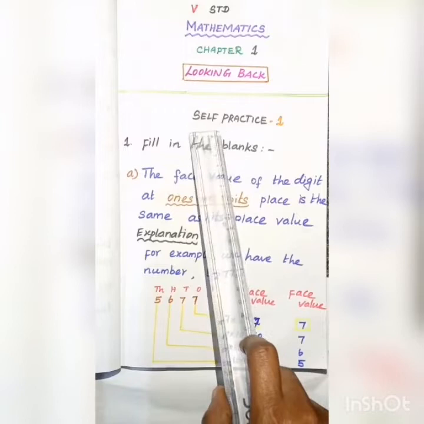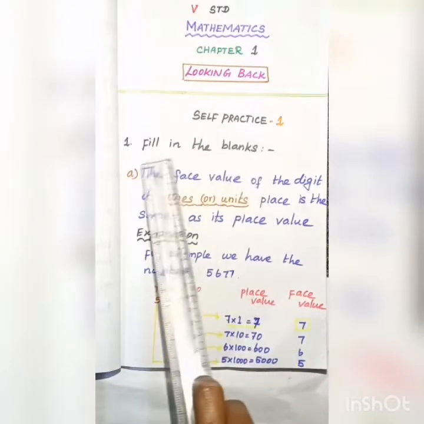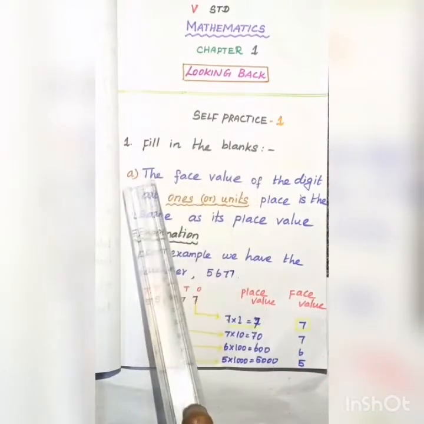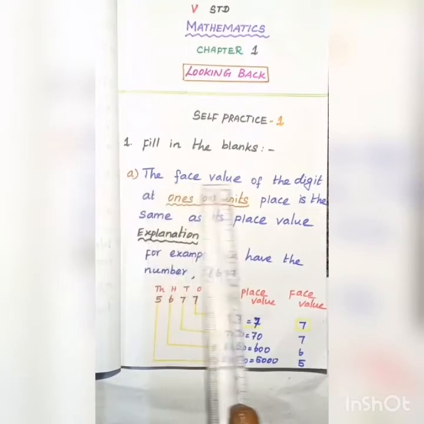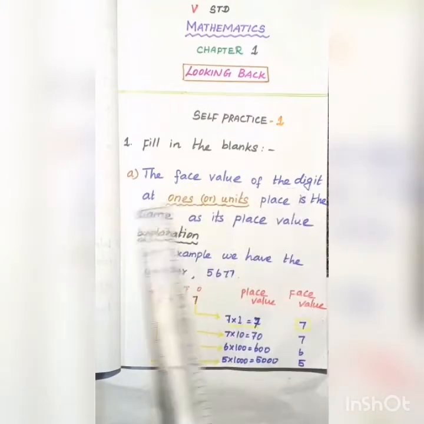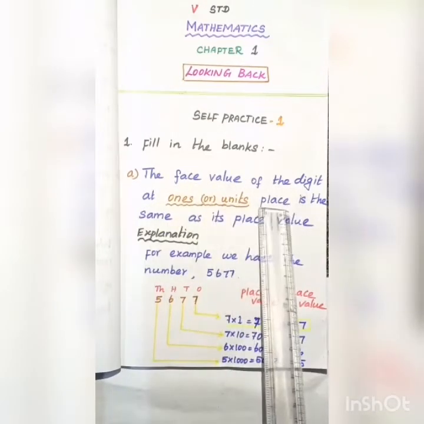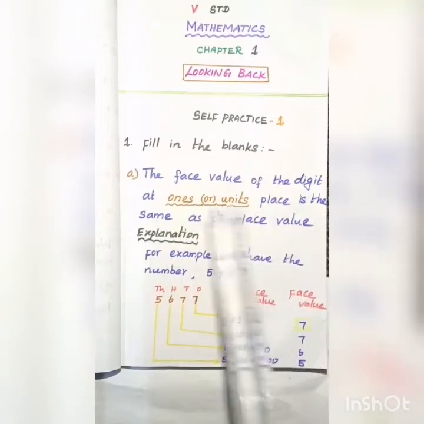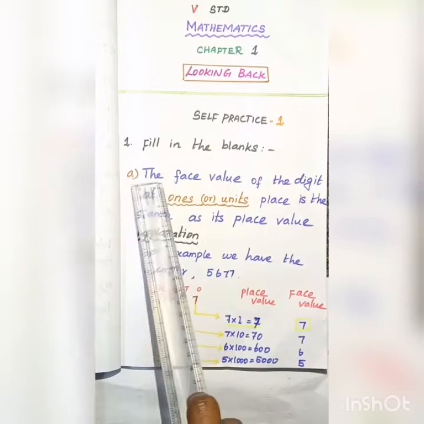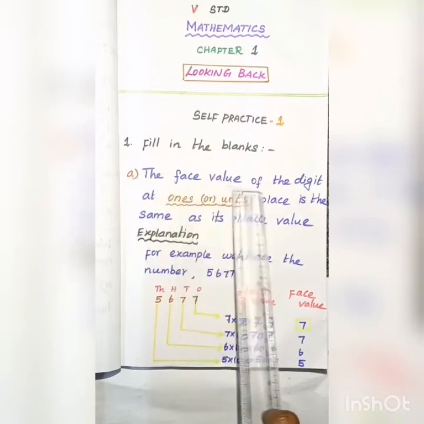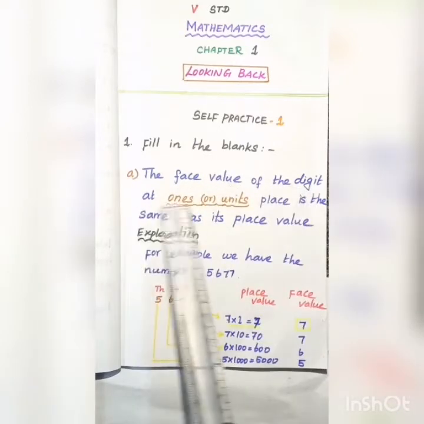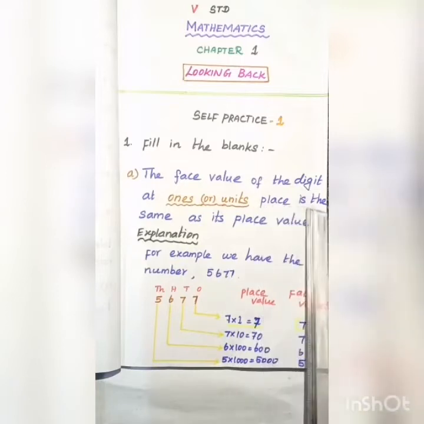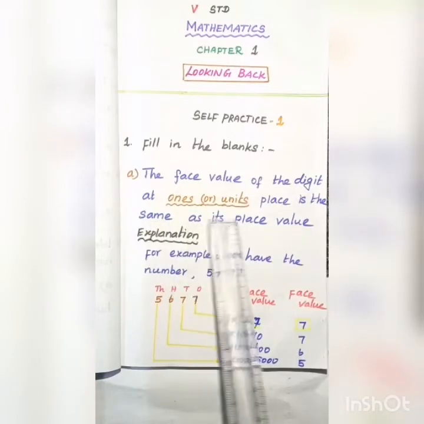The next one is self-practice. Fill in the blanks. First question. The face value of the digit at dash place is the same as its place value. I repeat again. The face value of the digit at dash place is the same as its place value.